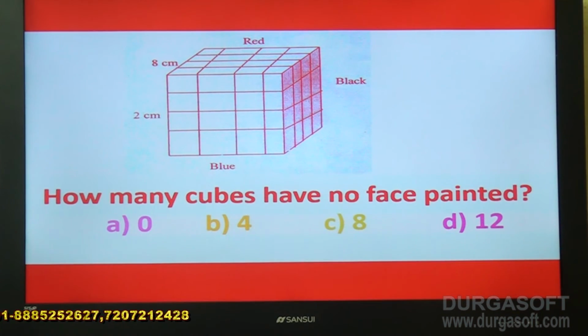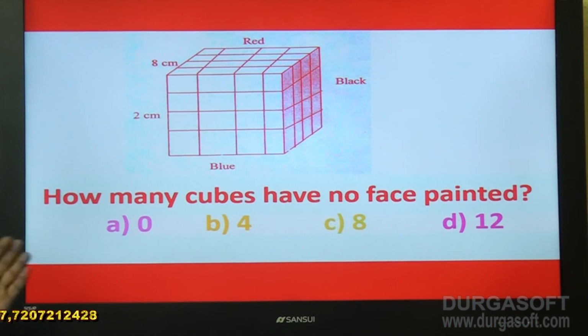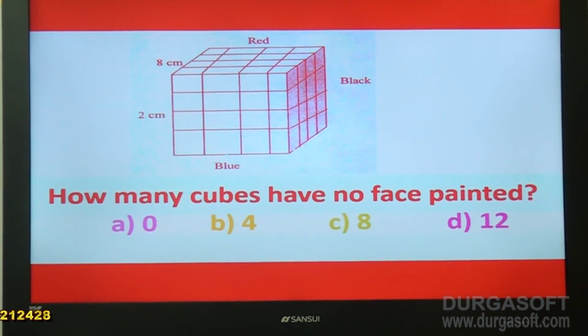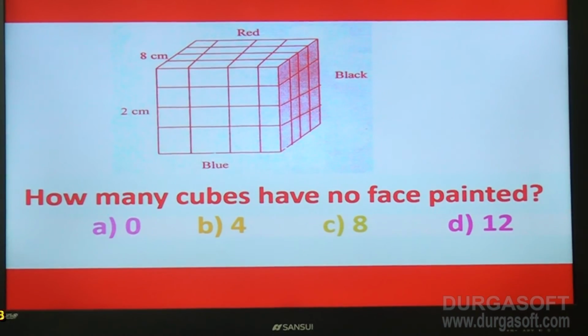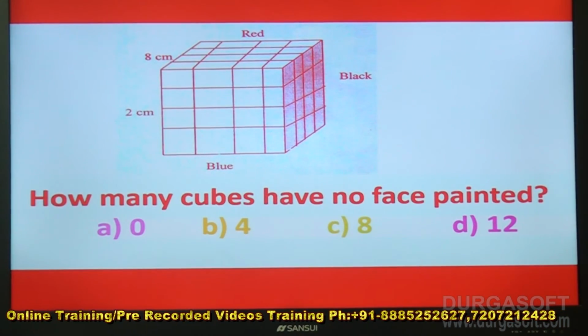And how the paint was done, we know. Only opposite faces are painted with the same color. As we know, the top and bottom are colored with red. The two opposite sides, left and right, are painted with black, and opposite to you and the back side are painted with blue. Now the question is, how many cubes have no face painted?